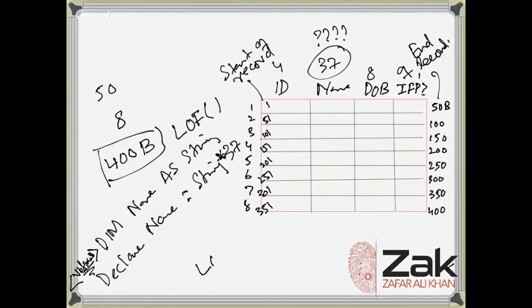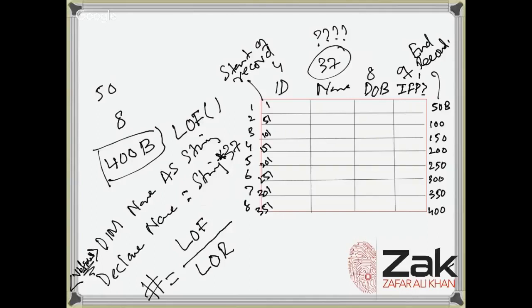If length of record is used and length of file is used and I divide it, what do you get? Number of records. First advantage. Do you get such facility in serial file? No. You only identify the end of a serial file when you reach the end of file, isn't it? Over here, by keeping it fixed, you get the first advantage.